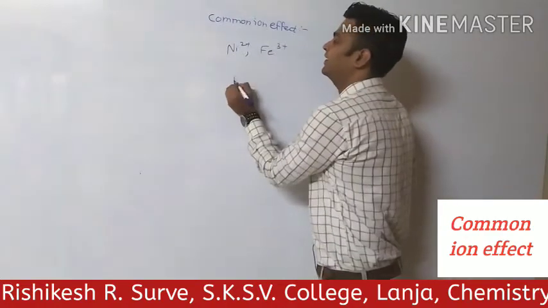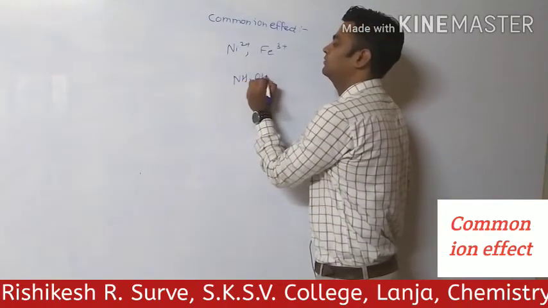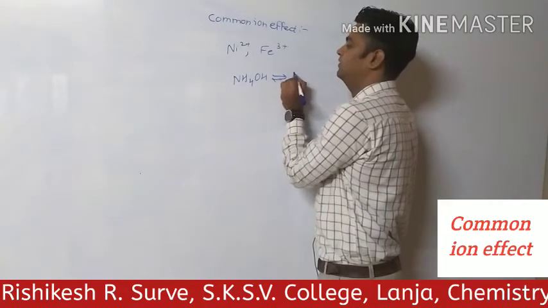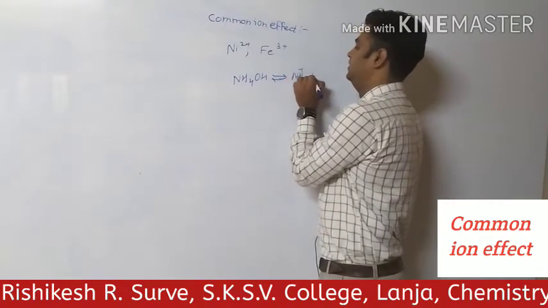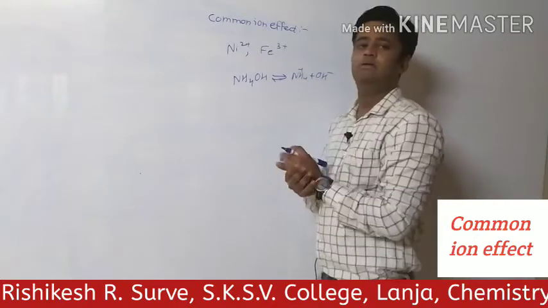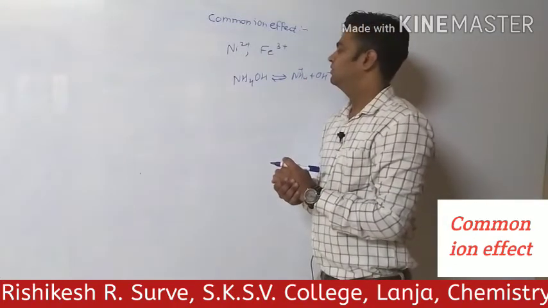On addition of NH4OH, it will produce NH4 plus and OH minus. What will happen?